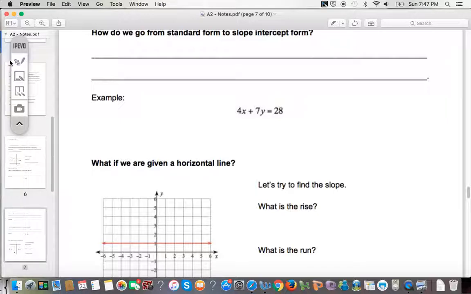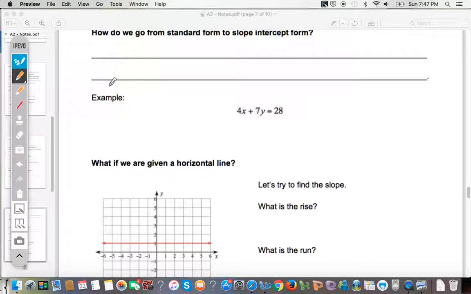So how do we go from standard form to slope-intercept form? All we need to do is solve for y.